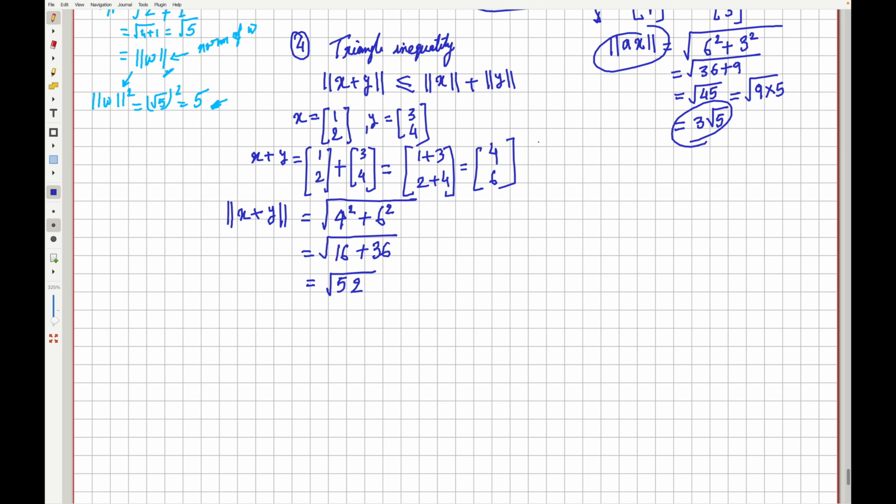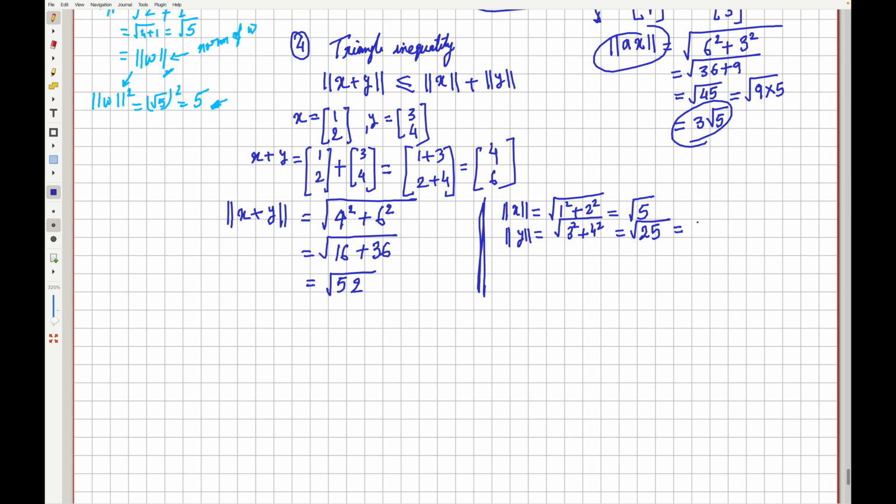Now if we do this the other way around, let's say we get the norm of x first. The norm of x would be the square root of 1 squared plus 2 squared, that is the square root of 1 plus 4, which is the square root of 5. The norm of y is going to be the square root of 3 squared plus 4 squared, that is 9 plus 16, the square root of 25.